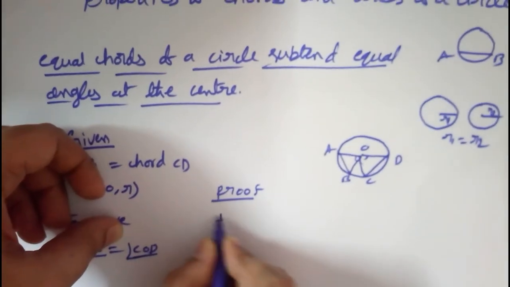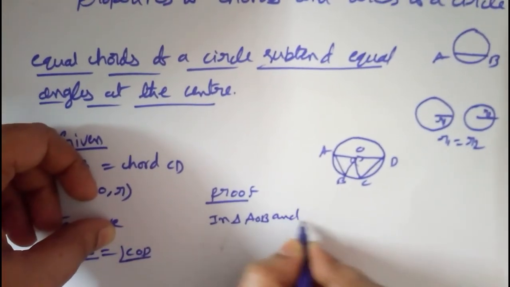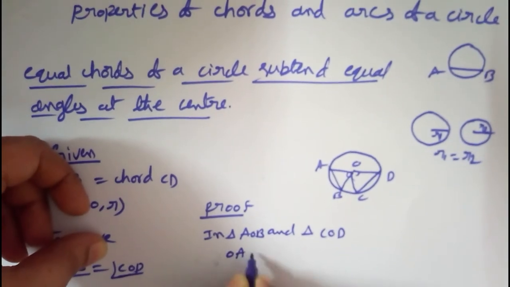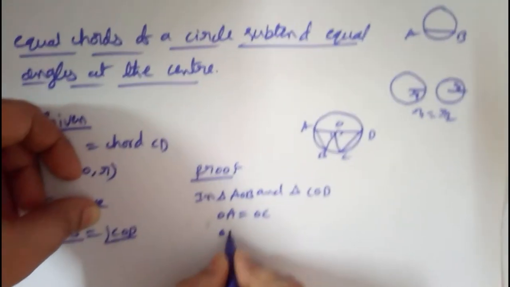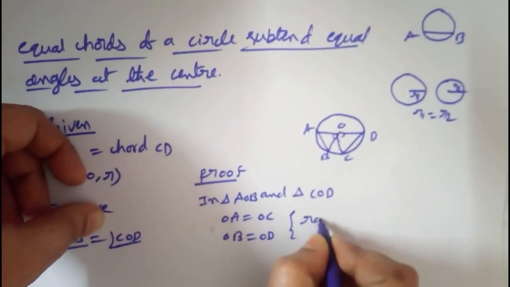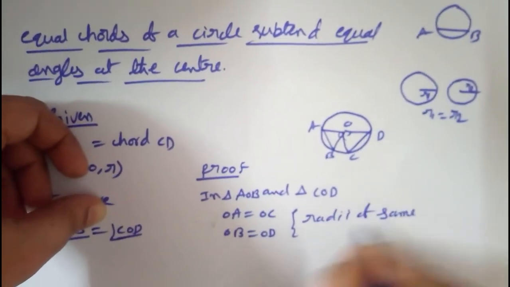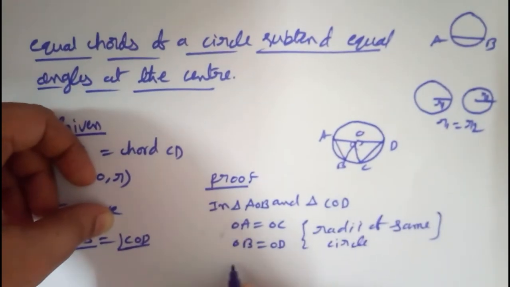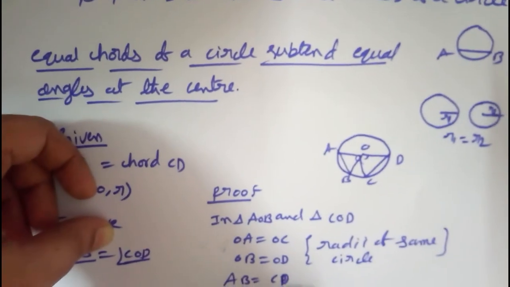So in triangle AOB and triangle COD, OA is equal to OC, OB is equal to OD, radii of same circle. Next, AB is equal to CD, given.